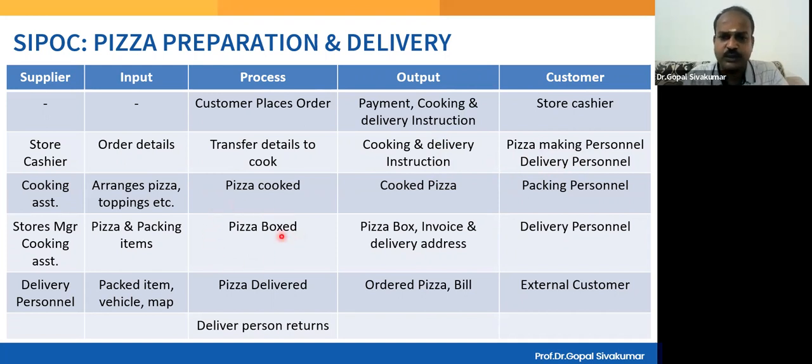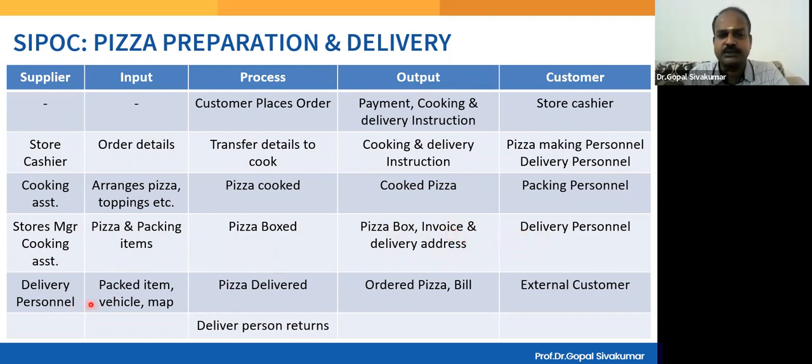Similarly, when you want the pizza to be packed, the stores manager and the cooking assistant come into play. The cooking assistant will bring the cooked pizza and collect the packing items from the stores manager, and then the pizza will be boxed, the invoice will be kept, the delivery address will be arranged, and all the additional items like sauce and whatever else you wanted to add are provided to the delivery personnel.